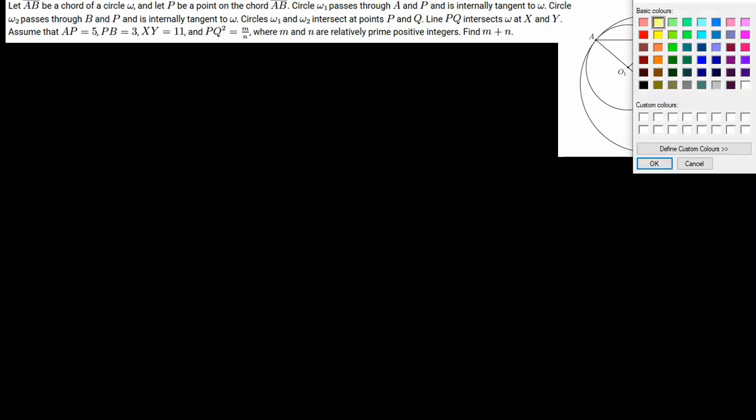Let's take a look at the diagram of this question so that we can get a better understanding. So here's the diagram. AB is the chord of the circle, the entire big circle, which I'll mark as W. Sorry, my bad, this is W. Let P be the point on AB.